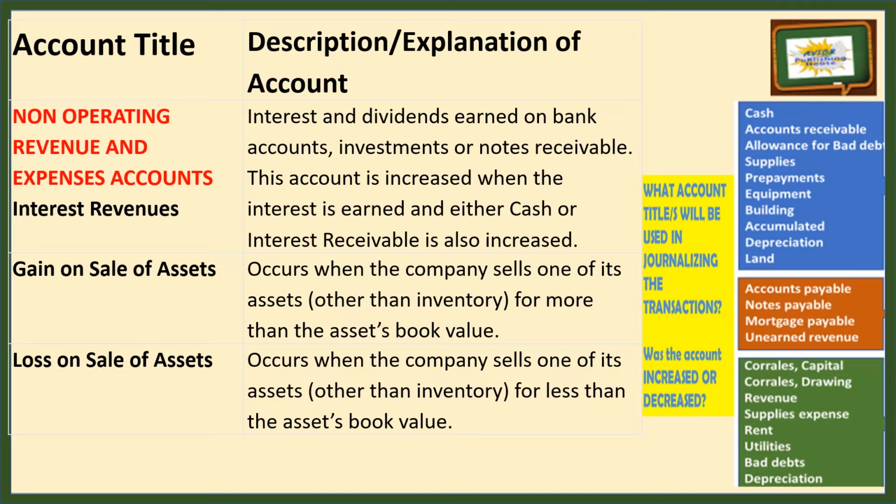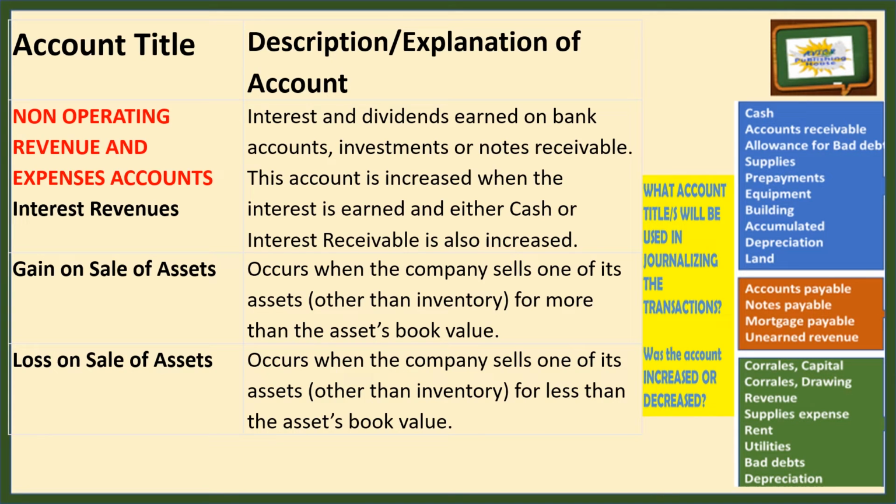So there are other items which are non-operating revenue and expense accounts. So interest revenues, gain on sale of assets, loss on sale of assets. So these are non-operating accounts. This is not the primary service or merchandise of the business.